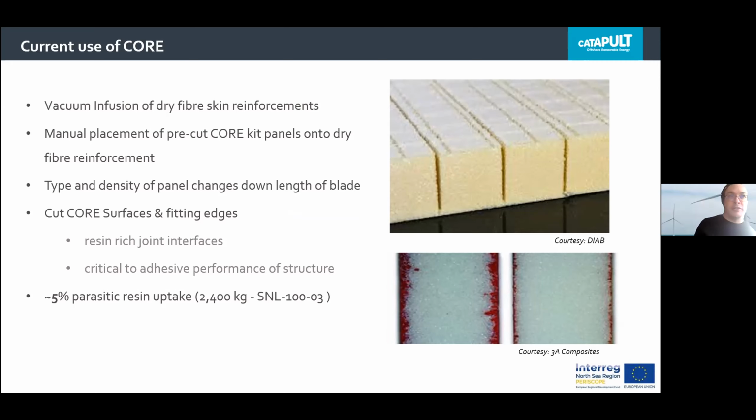And that's quite a lot. So you can see there around 5% is taken up by the core by these perforations and cut joints. So it's a very large proportion of the blade. So you'd actually have a significant weight saving if the amount of resin absorption into the core could be minimized, which is represented by about 2,400 kilograms in that 100-meter blade. So it's not insubstantial.